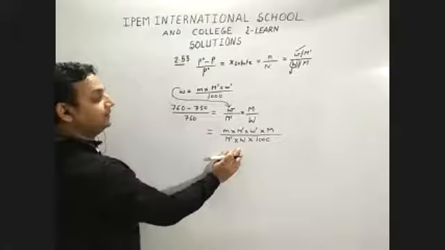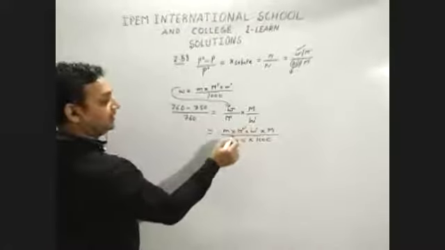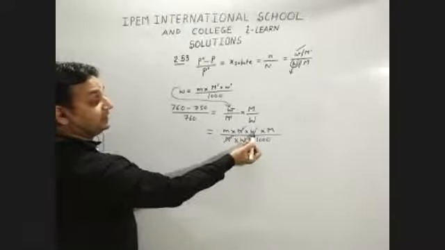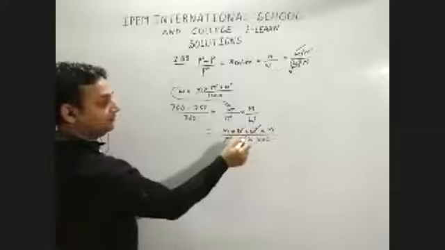All right. So this M dash cancels. This capital W is the mass of the solvent. W dash in terms of molality is also the mass of the solvent.